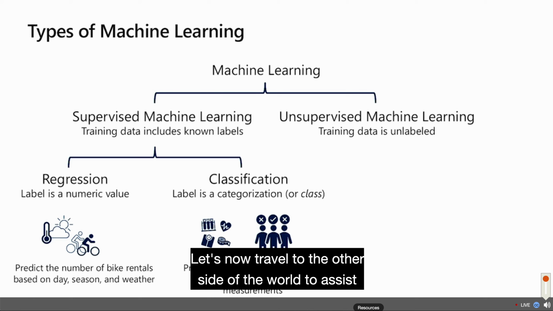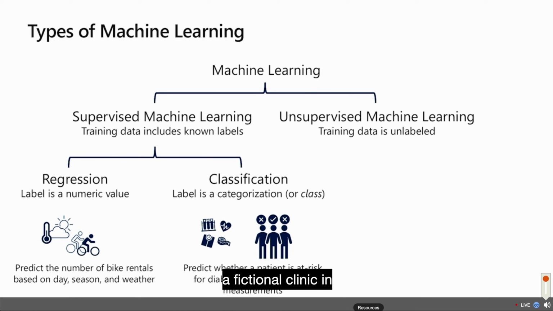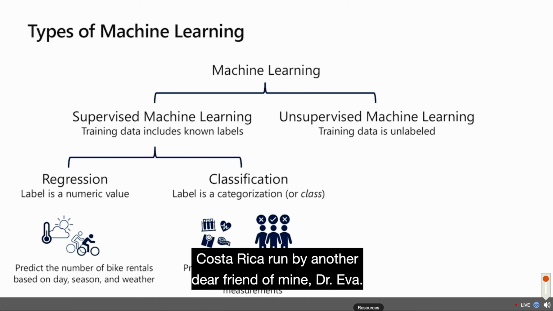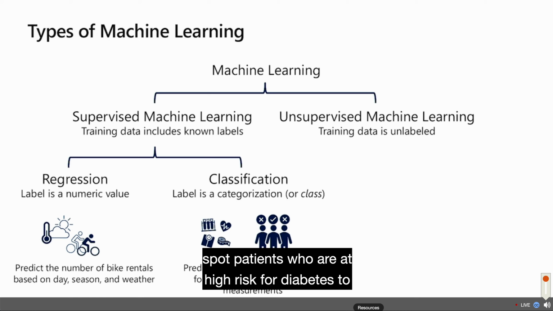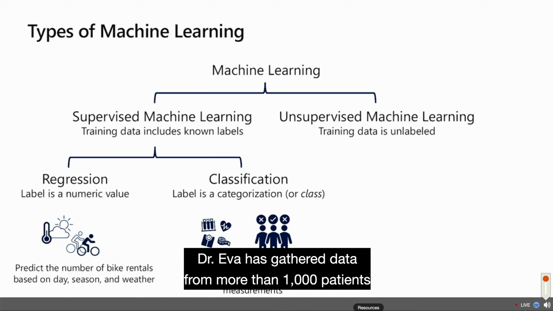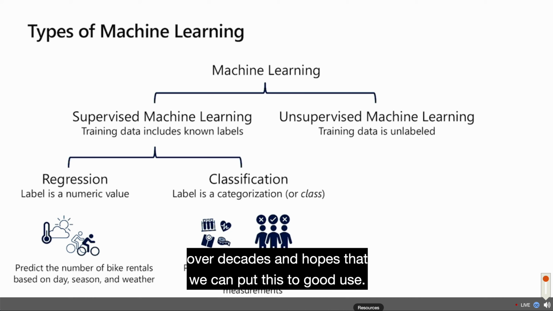So let's now travel to the other side of the world to assist a fictional clinic in Costa Rica, run by another dear friend of mine, Dr. Eva. Dr. Eva wants to help spot patients who are at high risk for diabetes, to intervene early and so that we can help patients manage this disease before it gets too serious. And Dr. Eva has gathered data from more than 1,000 patients over decades and hopes that we can put this to good use.